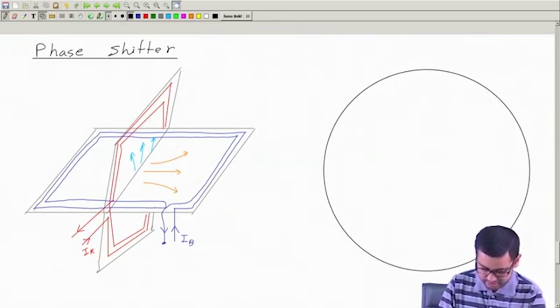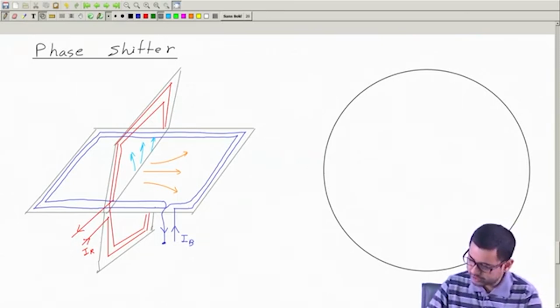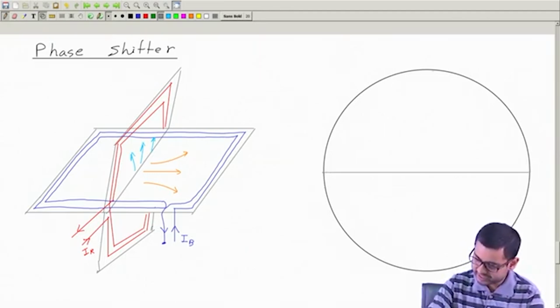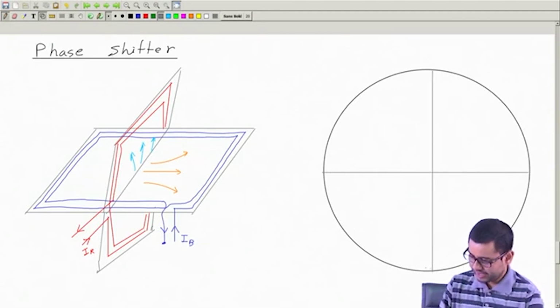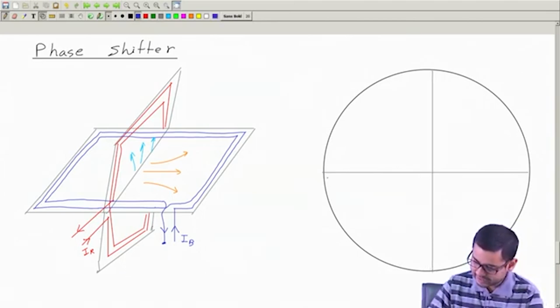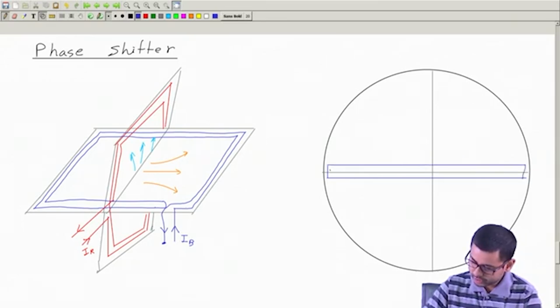Okay, so this horizontal plane will be seen like a line, and this vertical plane will be seen like a line again. And this blue coil, we will see it like this. Okay, and these are the turns, from left to right.